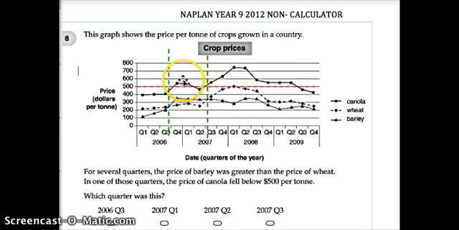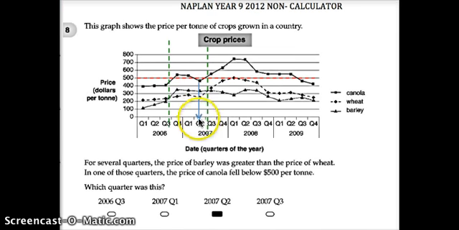Now if we look up here, the price of canola with these two squares is above 500, but down here is where the price of canola is below 500. And to me, if I look straight down there, that looks like it is in 2007, quarter 2. So I've just marked this point here and shown the arrow down to show that it's 2007 quarter 2 and circled it in the bubble.